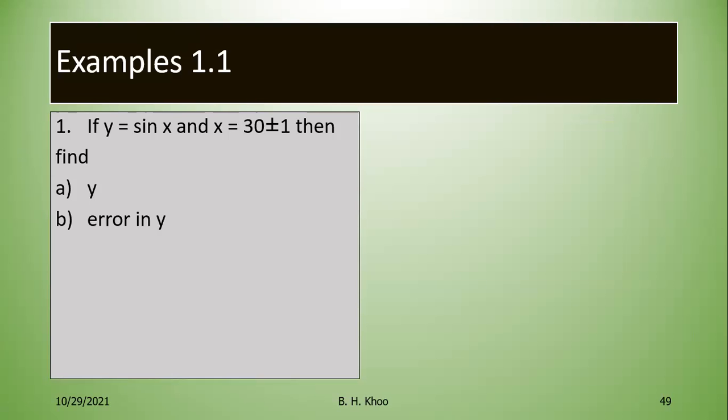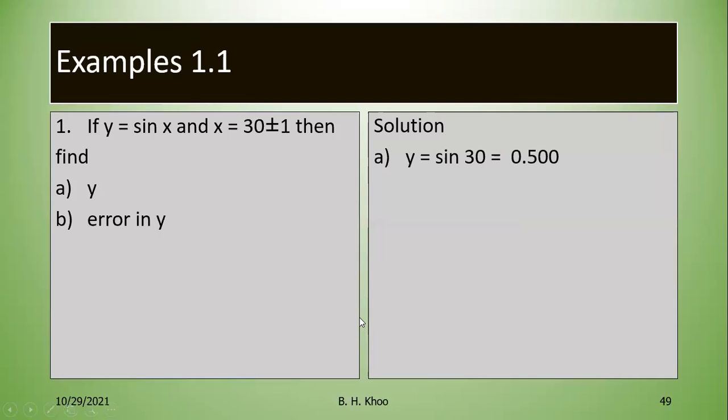Rules for combining error. Right? We can use a simple method. Example, y equals sine x. x is 30 plus minus 1. What is y? You should be able to calculate it. y is sine 30. Error in y: you can try to find the maximum value of y or the minimum value of y. 30 plus 1. You can use that principle in all your calculations.